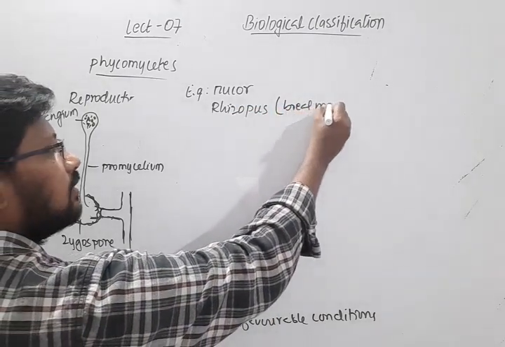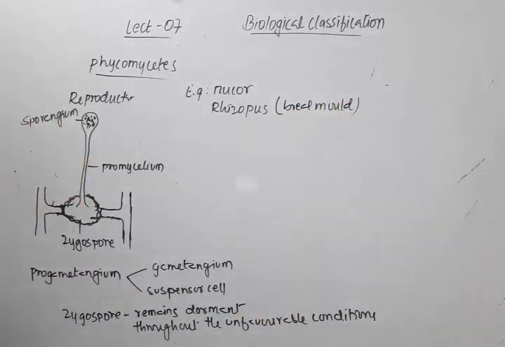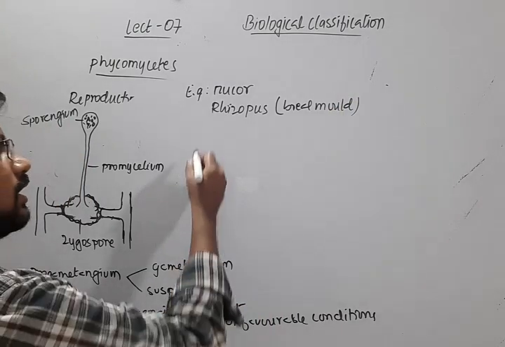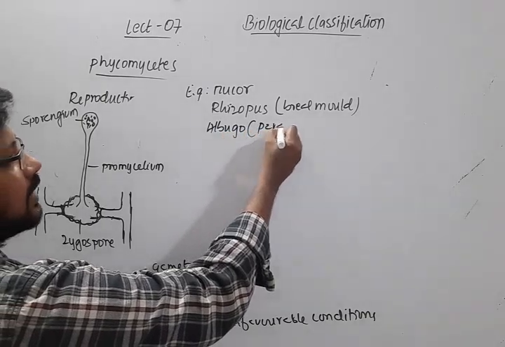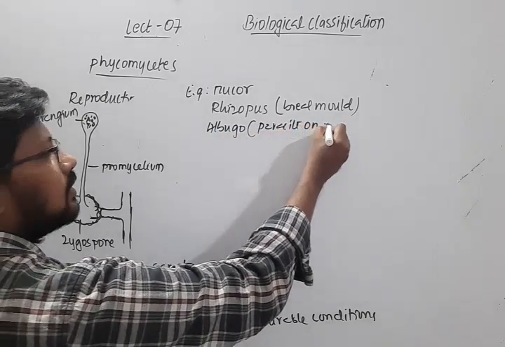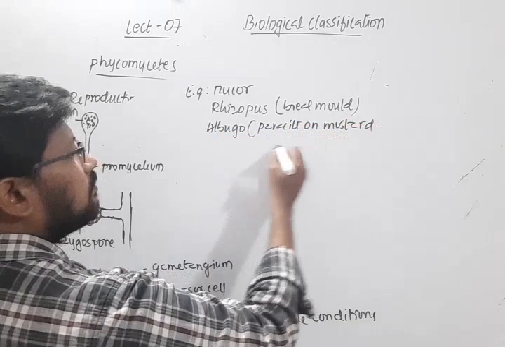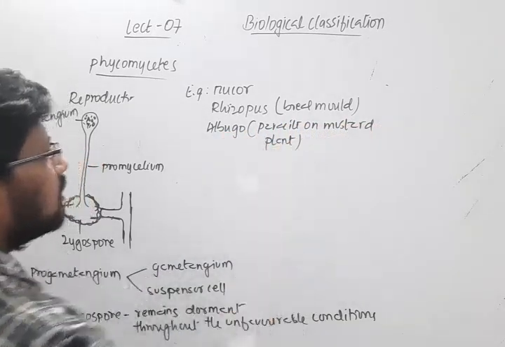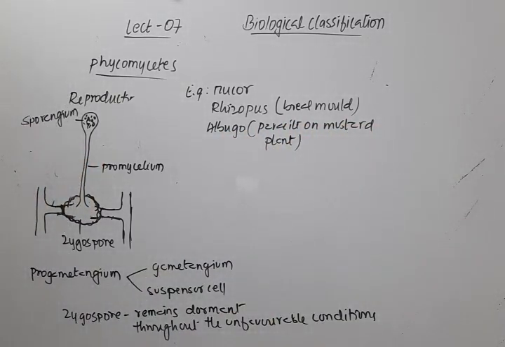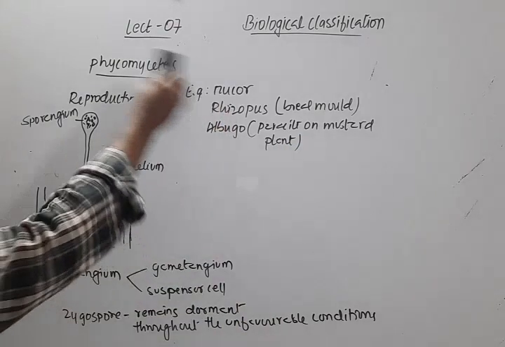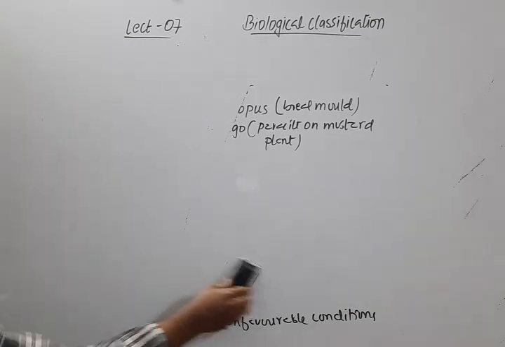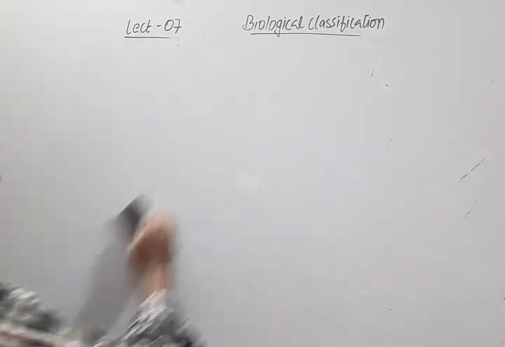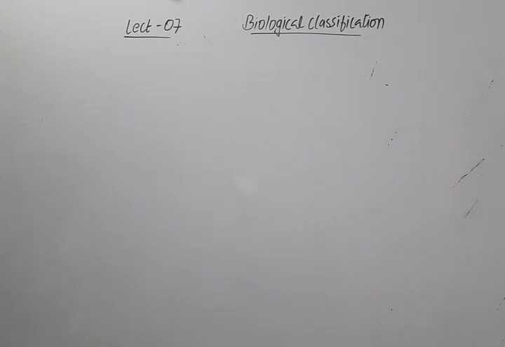And one more we'll see, Albugo. This Albugo is a parasite on the mustard plant. So that's about the group Phycomycetes. And let's see the next group called Ascomycetes.